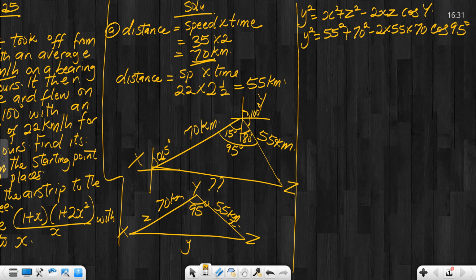So what would that give me? So here I have y squared equals 55 squared. Is it 55? Yes. What will 55 squared give me? That will be 55 times 55. Here is 25, 2, 25, 27, so that will be 5.